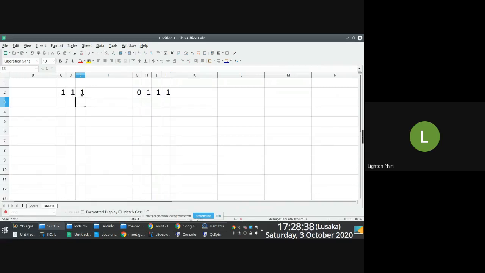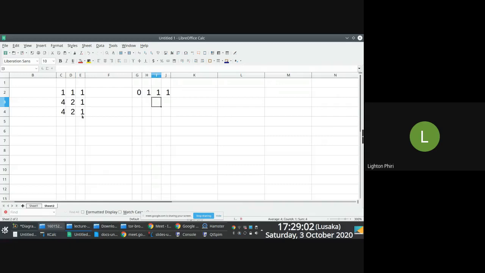Because this is 2 to power 0, 2 to power 1, 2 to power 2. What's the answer here? 1, 2, 4.